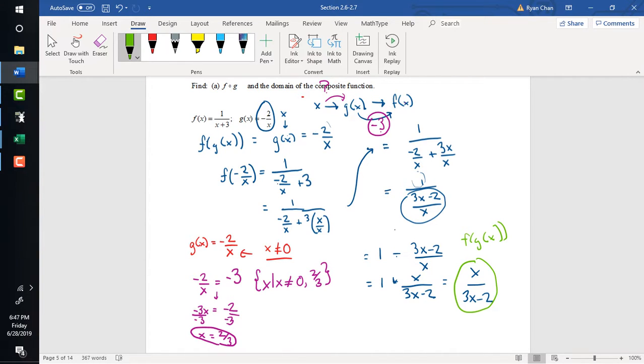You're going to do the same thing like you did with g of x. You'll just set the bottom part equal to 0, and you have 3x equals 2, and you also get 2/3.